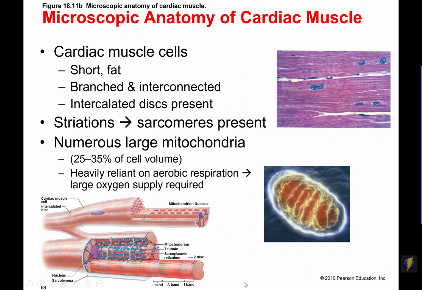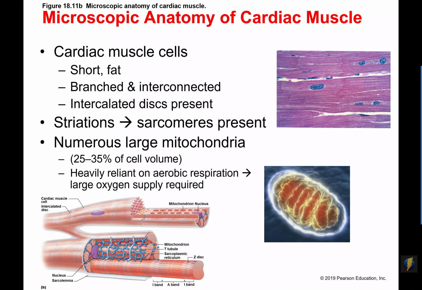You can see they interconnect a lot, they branch a lot, and they have these really important features called an intercalated disc. And that's what you see kind of here, connecting the cardiac muscle cells to each other.